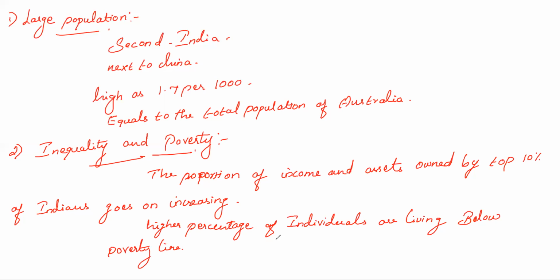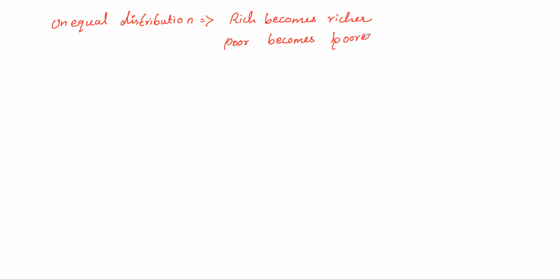As a result of unequal distribution, the rich become richer and the poor become poorer. The poor always remain poor while the rich keep getting richer. That is unequal distribution. Okay, that's all.